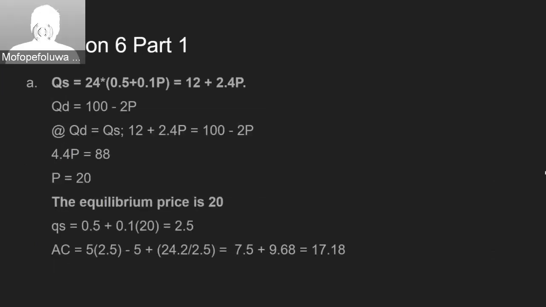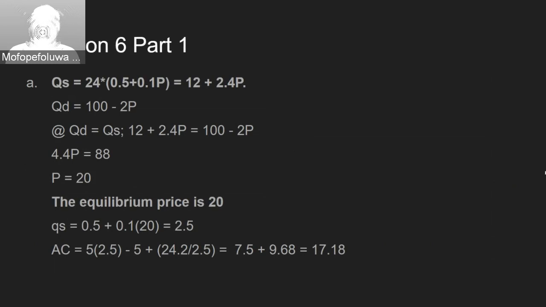So for question 6, part A, we are told that the number of firms in the market is 24. Using the equations for the market supply and the market demand and making them equal to each other, we're able to find that the equilibrium price is 20, using the method shown on the slide.